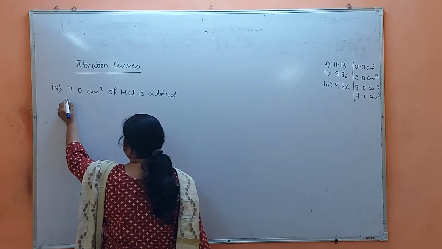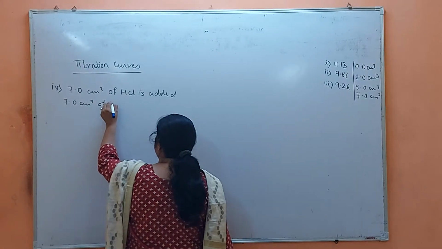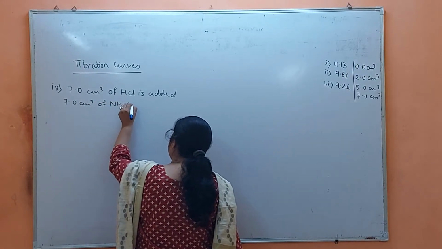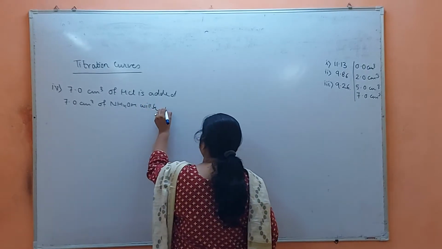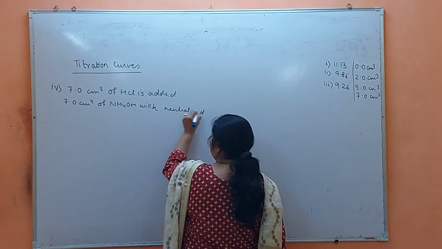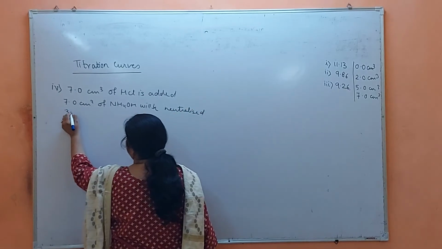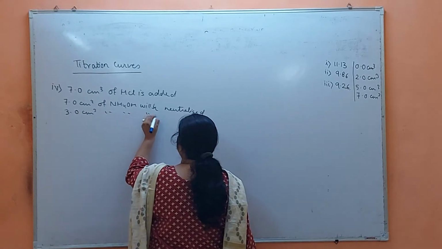Here 7 cm cube of NH4OH will be neutralized, and 3 cm cube of NH4OH will remain.